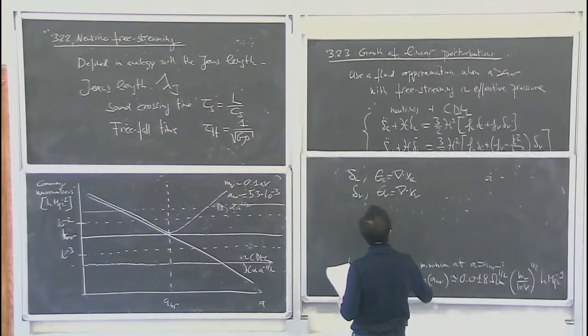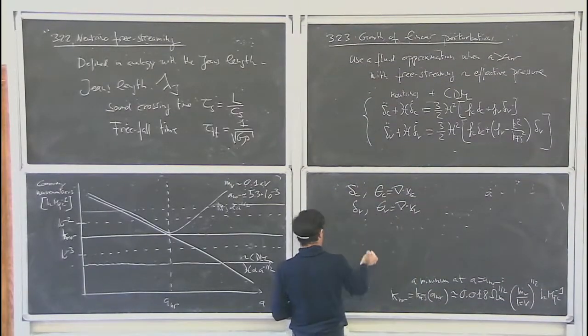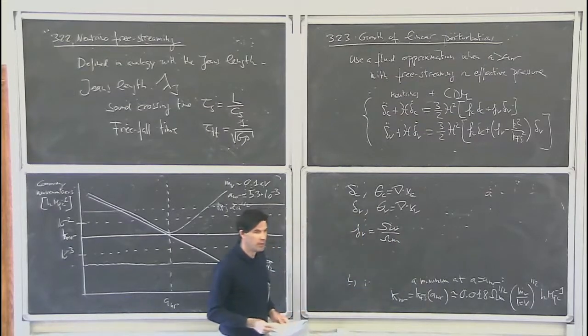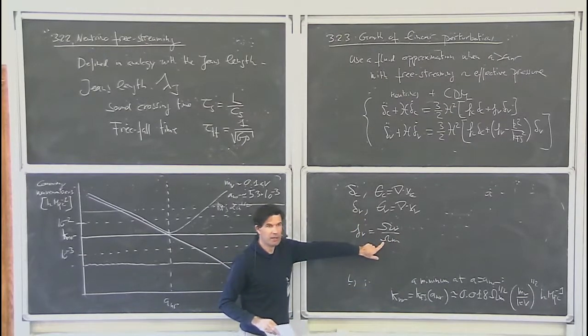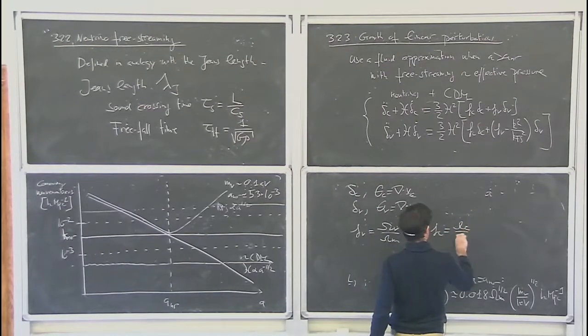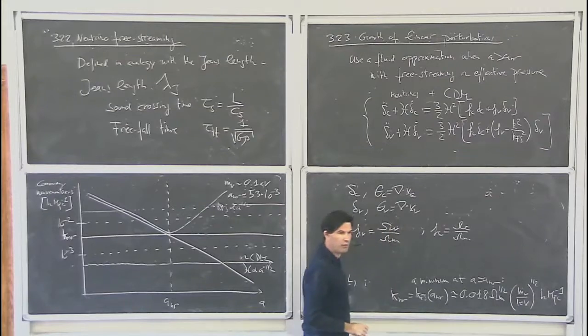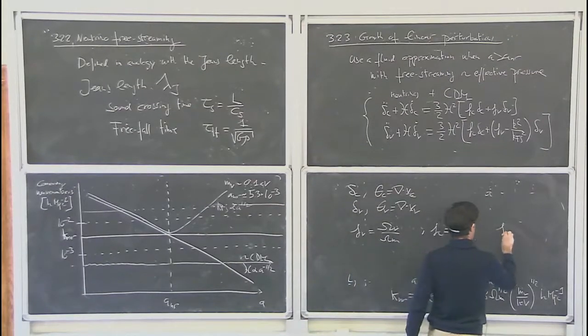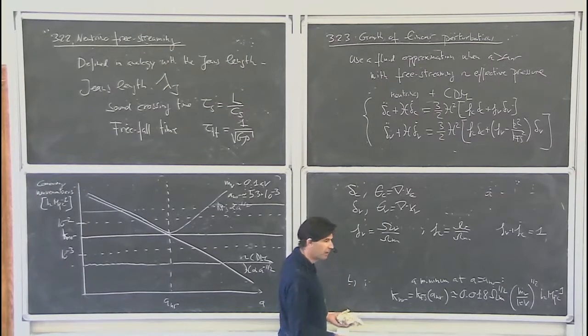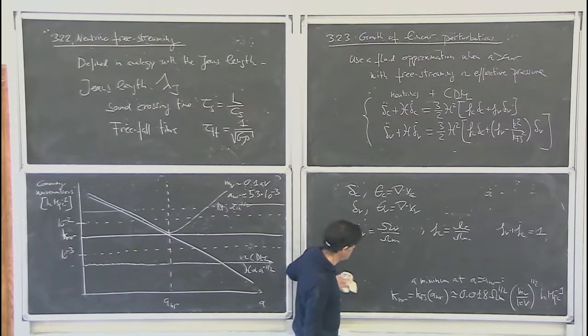I defined f nu, the fractional contribution of the neutrinos to the non-relativistic dust, and fc, that of cold dark matter, and of course f nu plus fc is 1. And everything behaves the same: the energy density at this level goes like a to the minus 3 in both cases, because everything is non-relativistic.